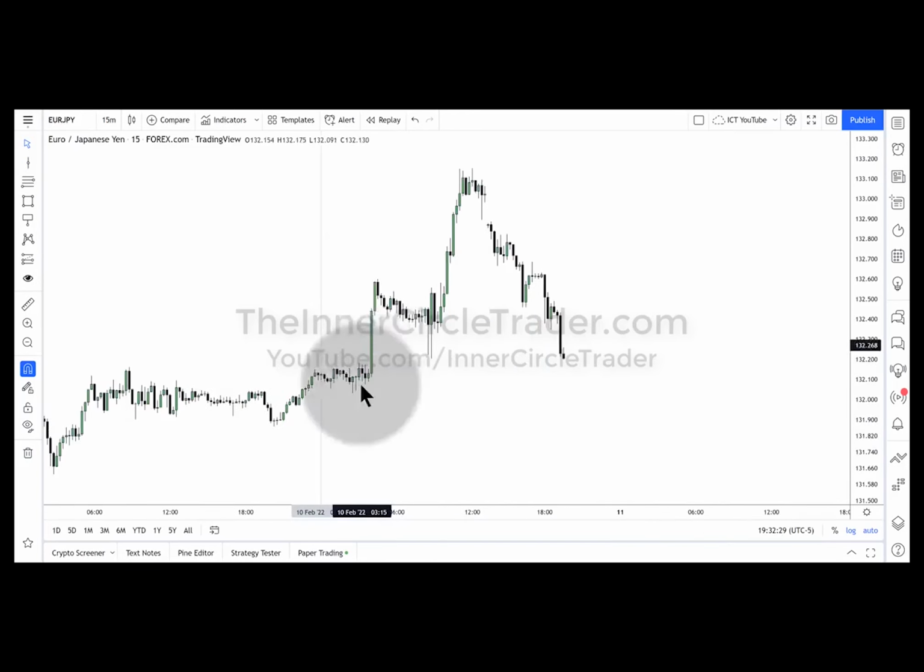Market rallies in here. And then we go into the New York session right here. So we're going to go into this price structure and ferret out the run that occurred in here. So I'm going to put a rectangle in this area so that way we know what we're looking at relative to this 15-minute time frame.